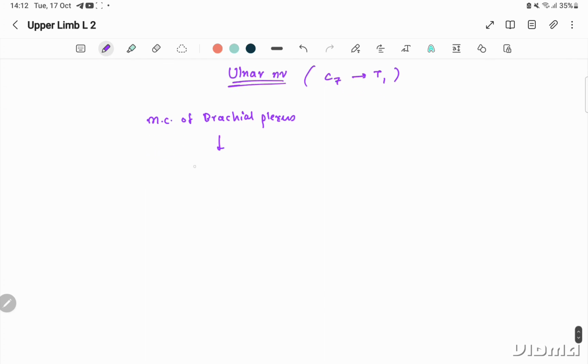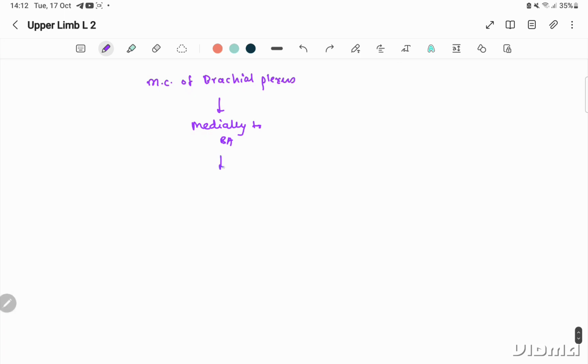Okay, it continues medially to the brachial artery. Which one was passing laterally to the brachial artery? The median nerve. Okay, and the ulnar nerve passes medially to the brachial artery. It pierces the medial intermuscular septum, MIMS, and reaches behind the medial epicondyle.